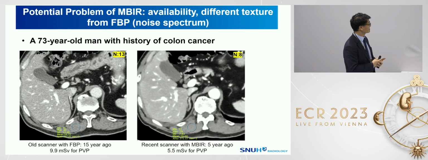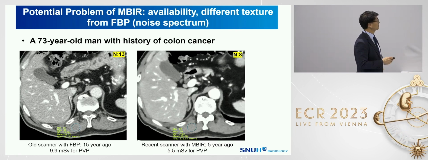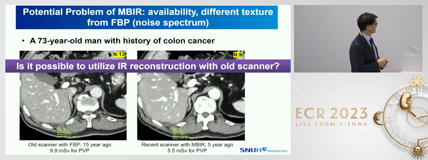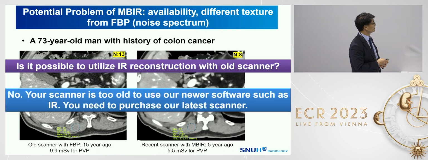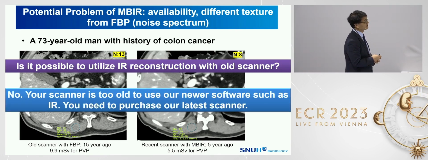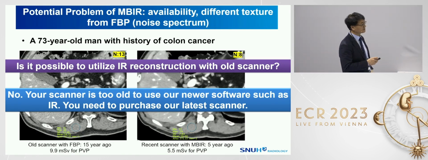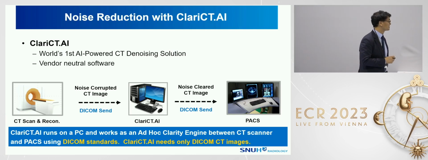Image texture is different. Therefore, some radiologists do not prefer to use MBIR techniques. And also, there is another issue with the old scanners, because recent MBIR techniques are not available. So if we want to use that technique, we need to change the CT scanner, which is a very costly option.